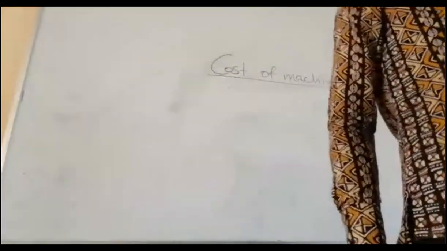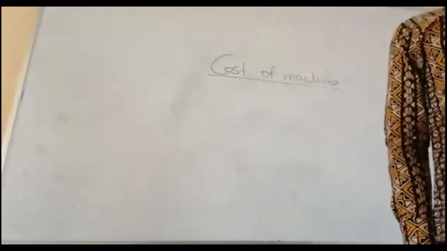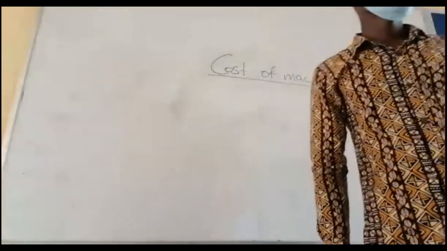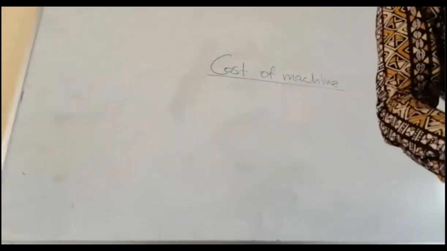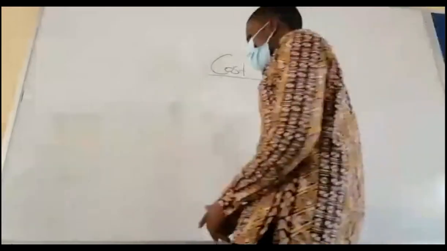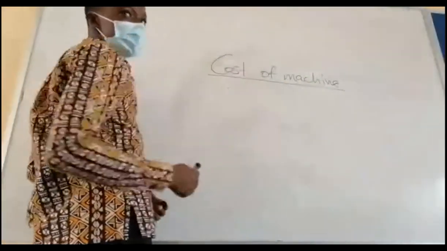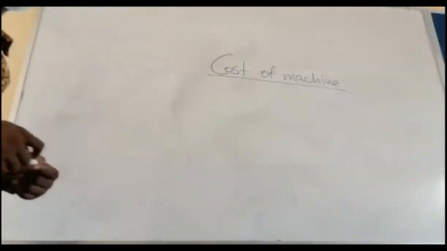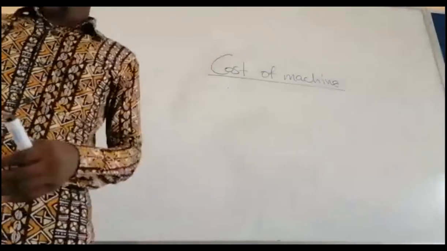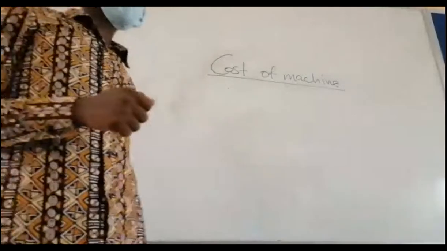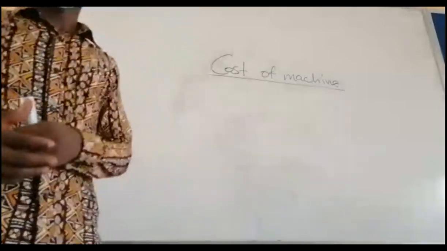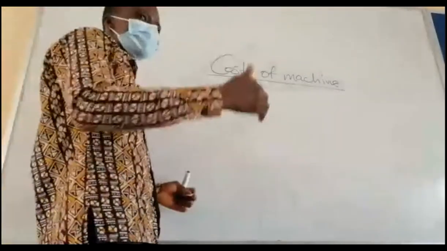So there are two sets of items: the items that should be part of the cost of the machine, and the items that you have to ignore. All those items that you have to exclude from the cost of the machine, proceed and tell us why you are going to treat them that way.